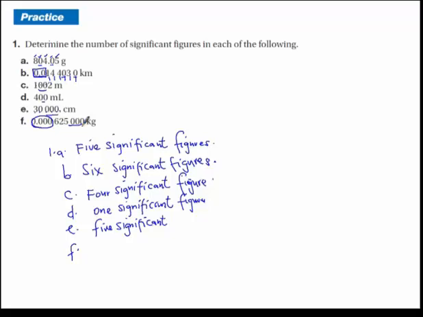So we end up with six significant figures. Question number 2. Let's see what question number 2 requires us to do.